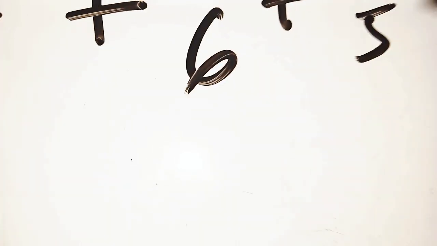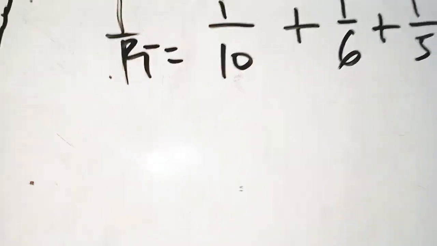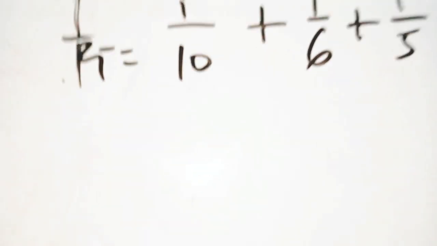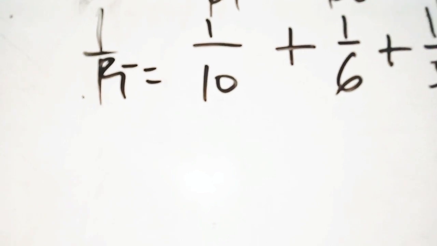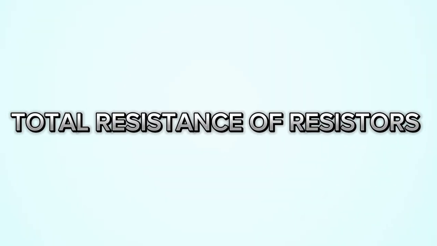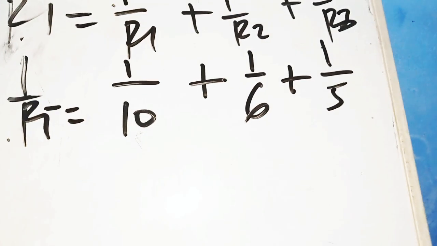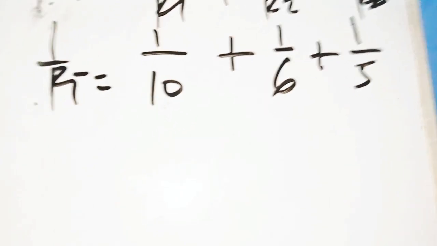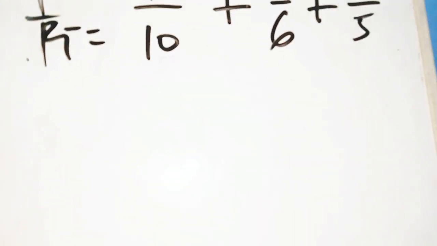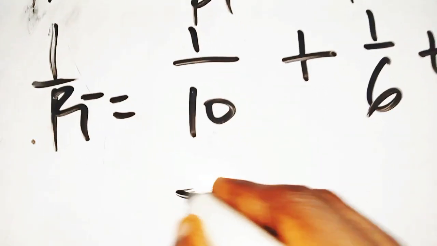Then we have to find our LCM if we are going to solve for the total resistance of resistors in a parallel connection. Please note this: in a parallel connection, if you are going to solve for the total resistance of resistors, we have to find the LCM before you can solve for it. So we have to find our LCM.